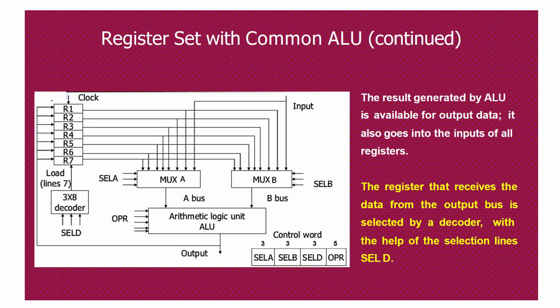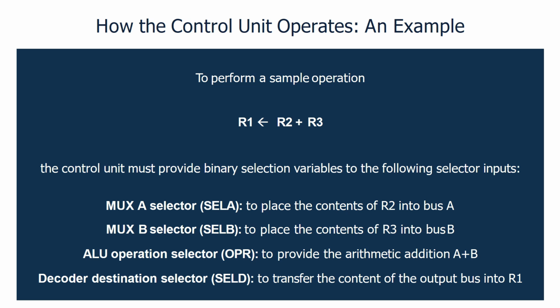The register that receives the data from the output bus is selected by a decoder with the help of the selection line D. So suppose we want to do the summation of R2 and R3 and send it to R1. What we have to do is, selection line A will help in selecting R2.